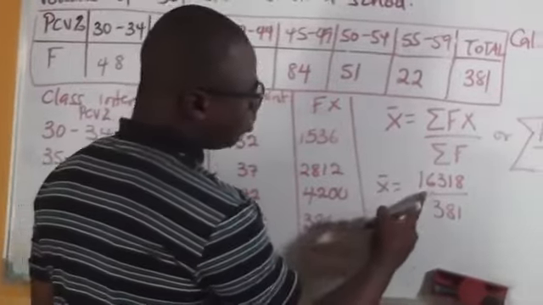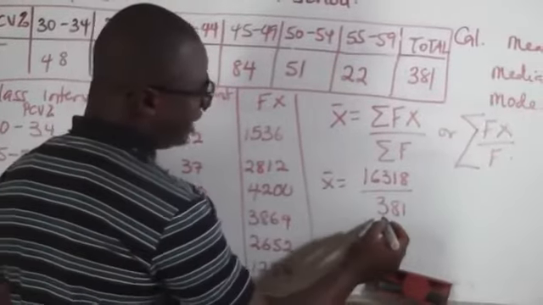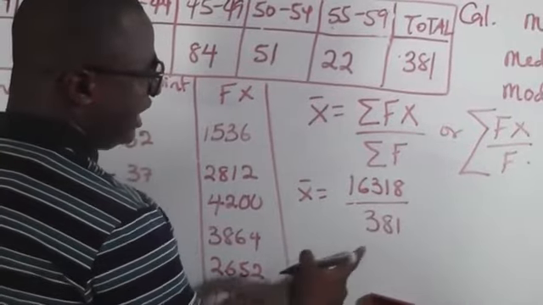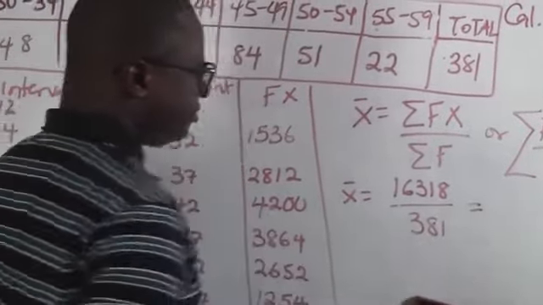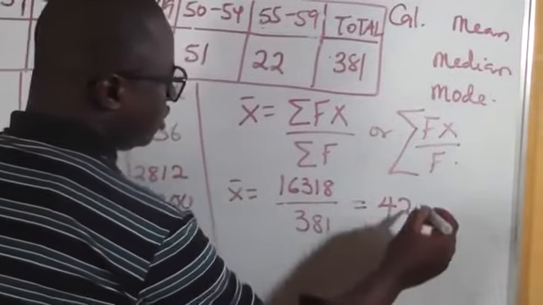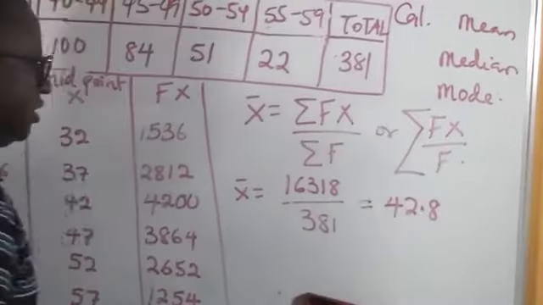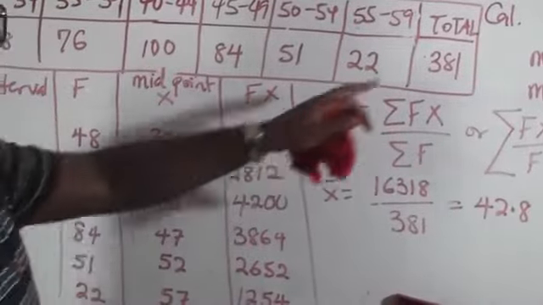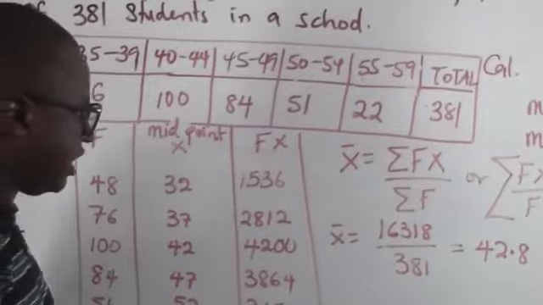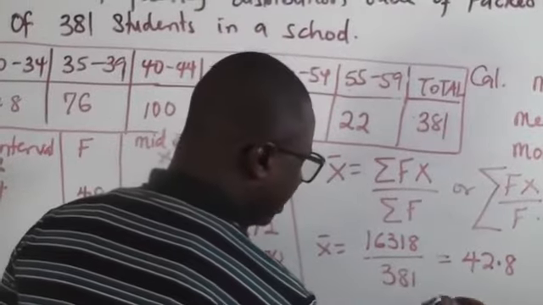Now if you divide this 16318 by 381, what is our answer? 42 point, so our answer is 42.8. Remember, we are dealing with PCV, packed cell volume, and packed cell volume is also discrete data. So we need to approximate our answer.